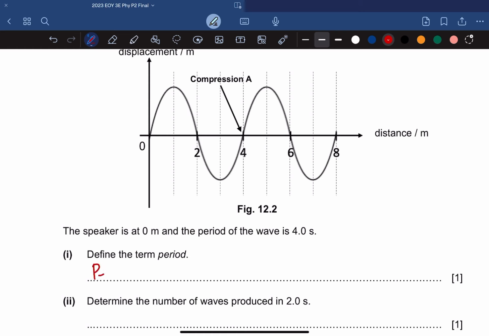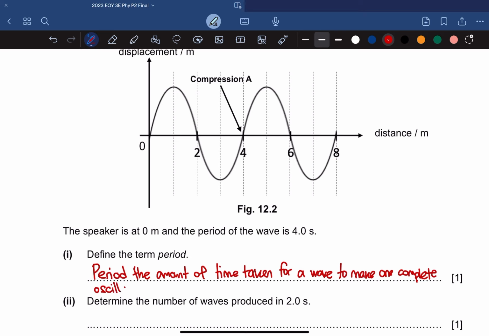So period is simply the amount of time taken for a wave to make one complete oscillation.